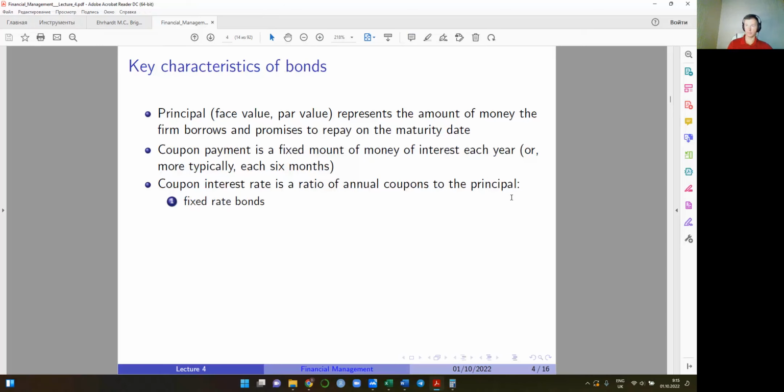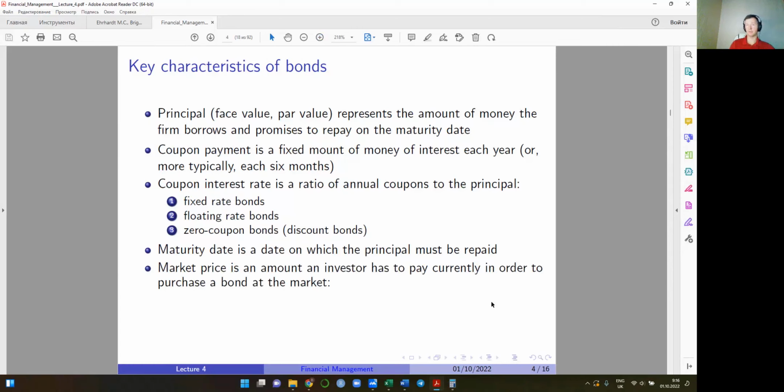The fourth characteristic is a maturity date. It is a date when the principal must be repaid. And market price. Of course, every financial asset must have a price which you need to pay in order to purchase this financial asset.